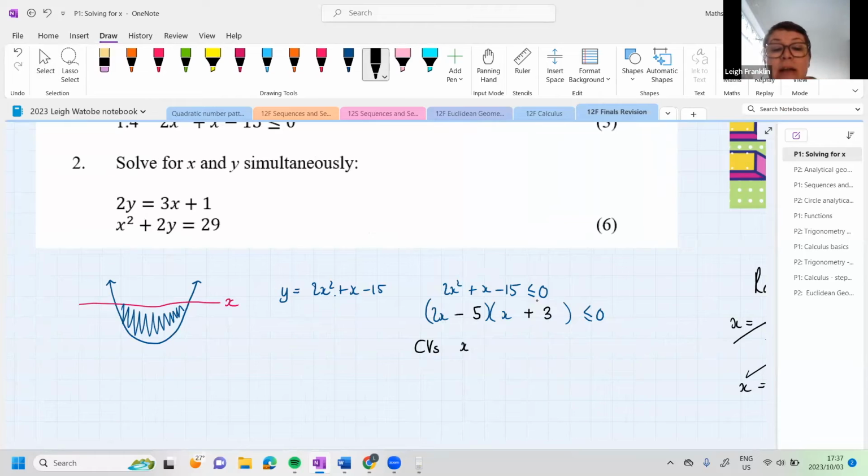What we have done is found the x-intercepts, and the x-intercepts are critical because these are the values at which y changes sign, from being positive to being negative, or from negative to positive. Now that you've got your two solutions, the smaller one goes on the left, the bigger one goes on the right.